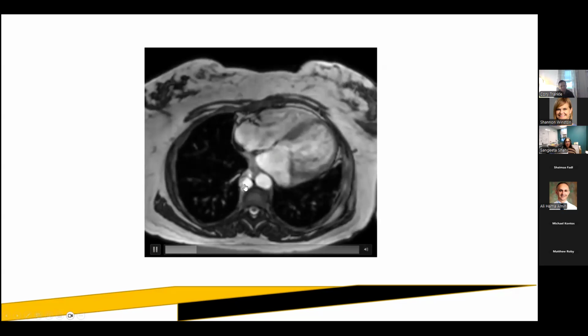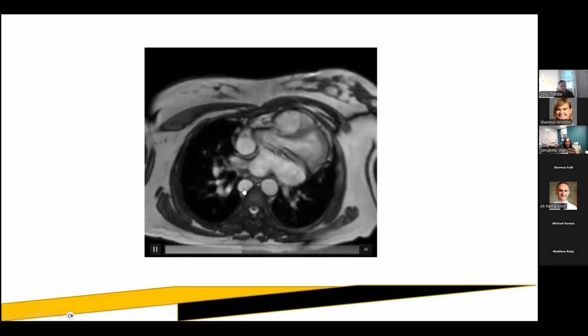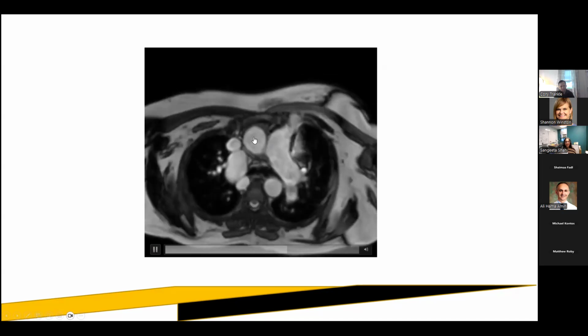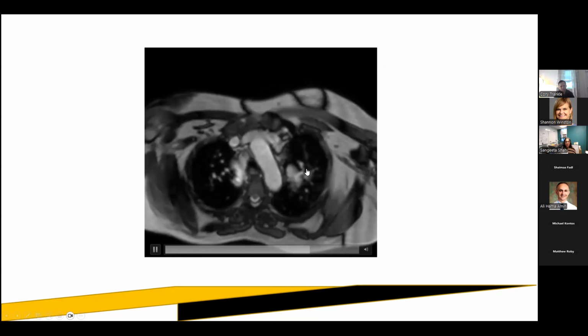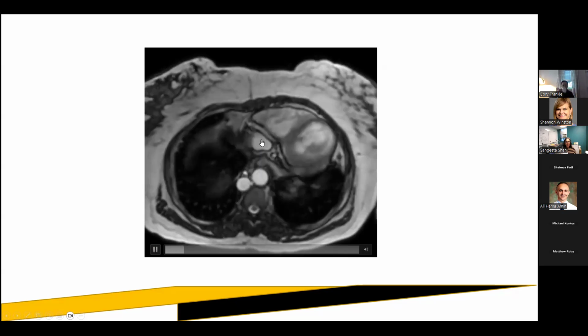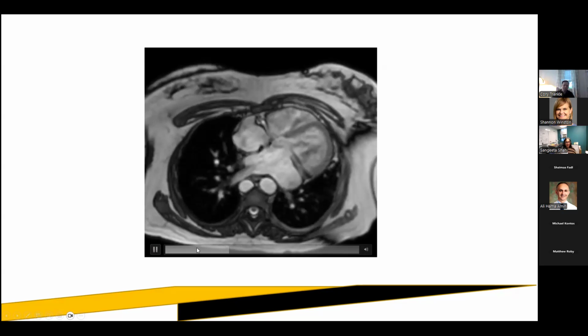So this is someone who has an interrupted IVC with azygos continuation. So your lower body is drained by your azygos and then dumps into your SVC. The aorta and the PA have normal orientation, where the PA is anterior and to the left, and the aorta is to the right.